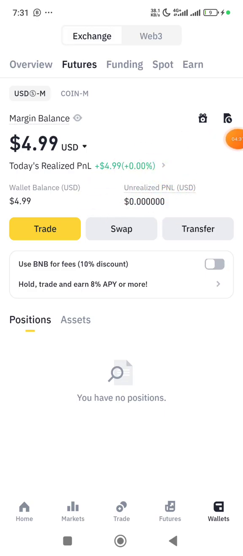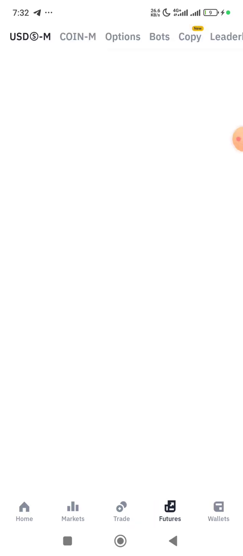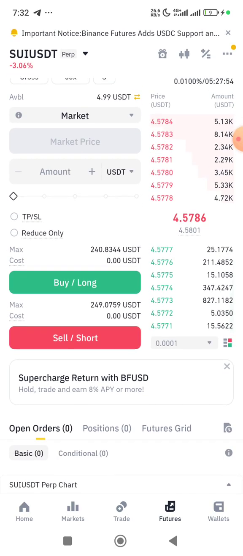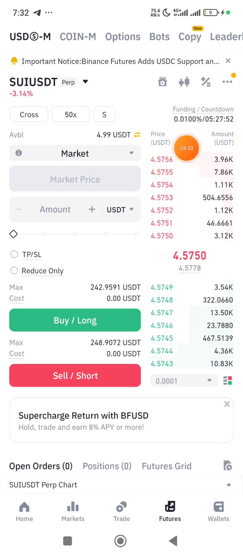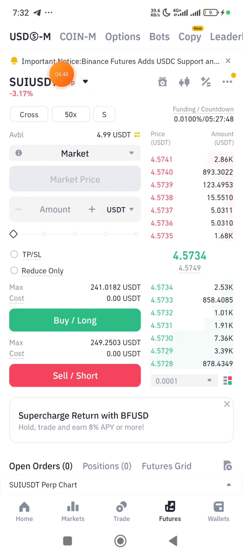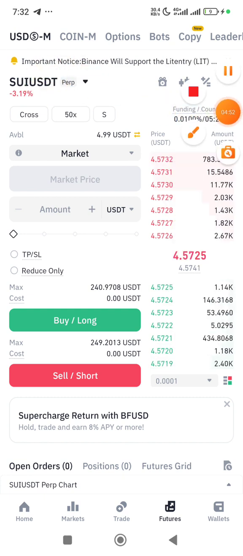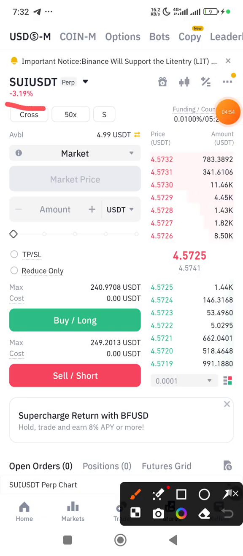All right. So for you to now be able to trade your futures, you need to come to futures here. You can see futures below. Now when you tap on futures, you can see the futures market is similar to the spot market. It's just a few differences. Now, number one, you should take note of the currency pair. This is where you can change your currency pair.